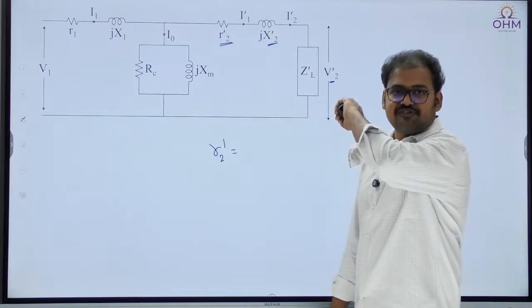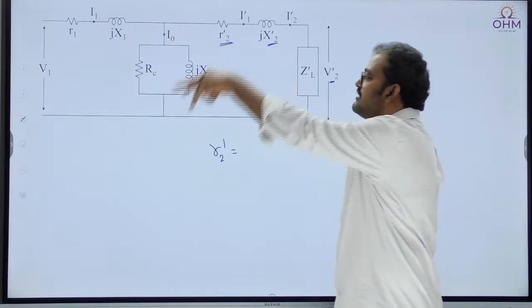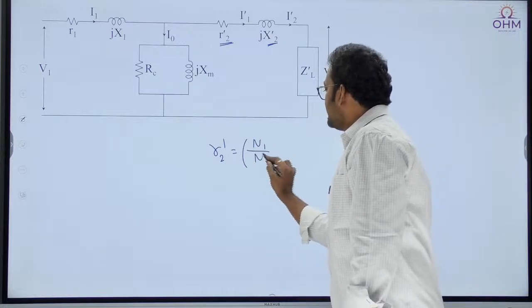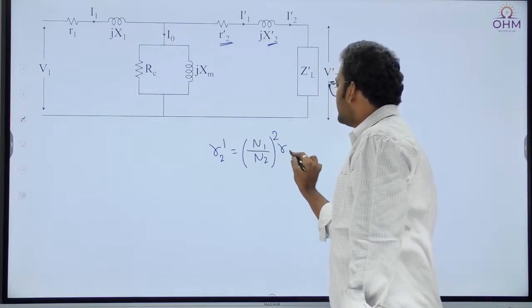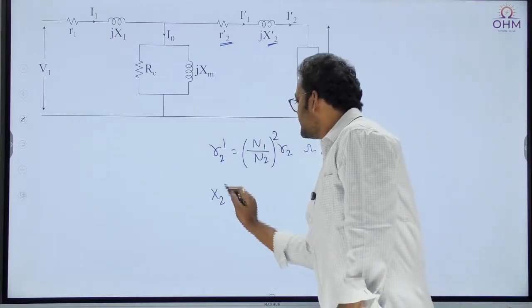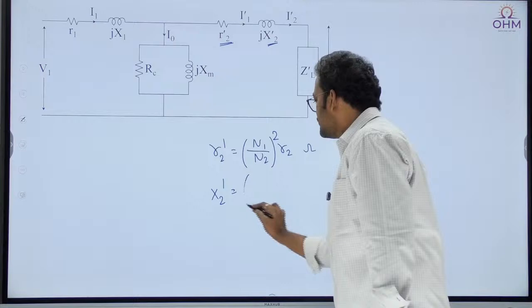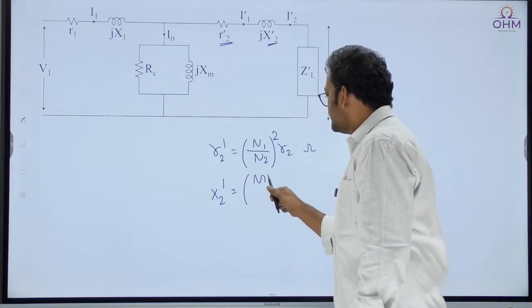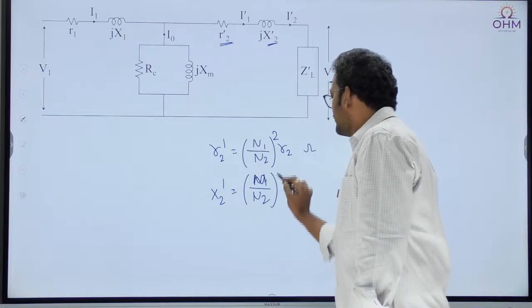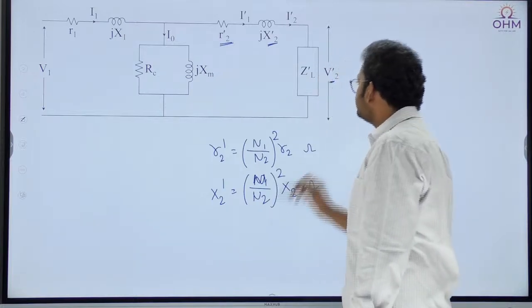It was transferred from secondary to primary. As we go to the primary side, it is primary by secondary whole square into R2. What is X2 dash? We went to primary, so it is primary, N1 by N2 whole square times X2.